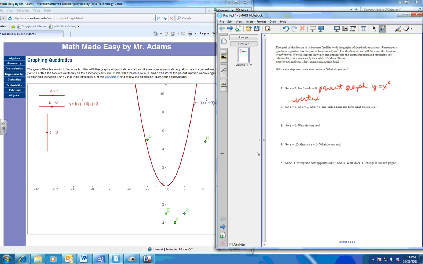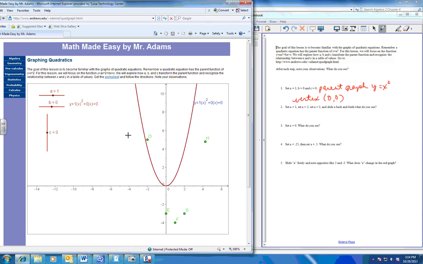My vertex is right here, so it's 0, 0. I don't know that there's a lot of anything else I can put on that.